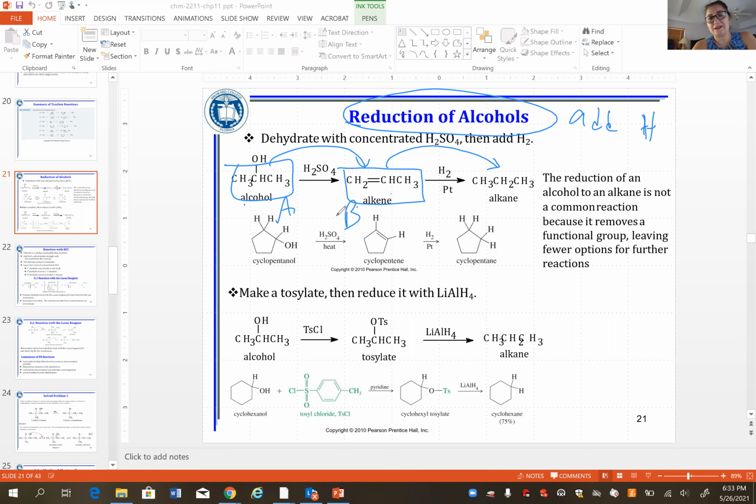If you look at the definition for oxidation and reduction, going from alcohol to alkene, you are removing 2 hydrogen and you are removing 1 oxygen. So basically, removing a water or adding a water, it's neither. It's not oxidation, it's not reduction, and this would be a question on your exam.